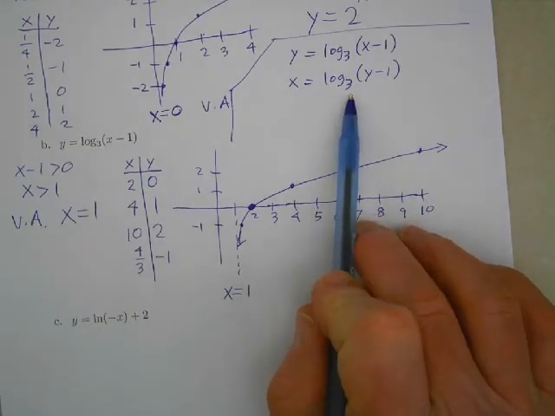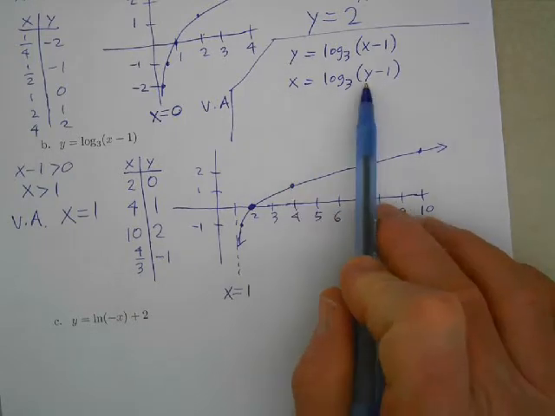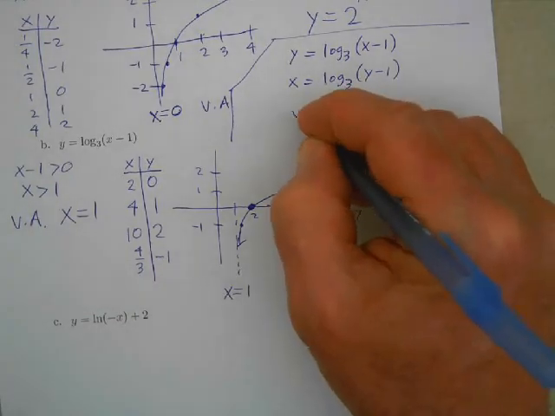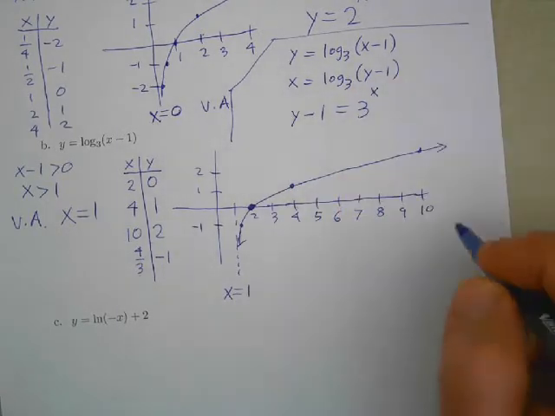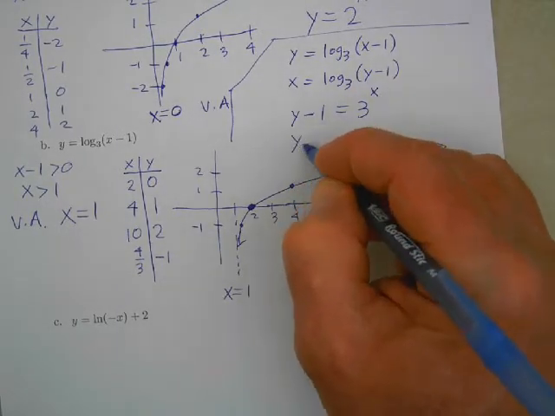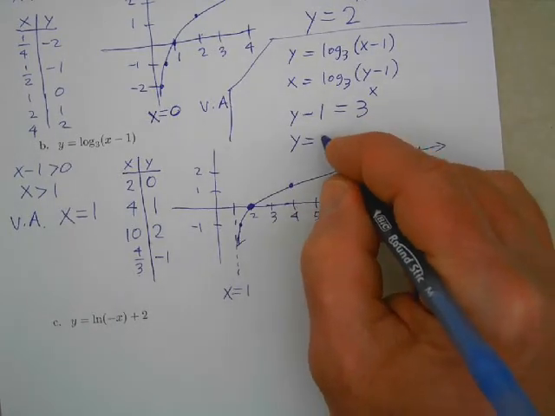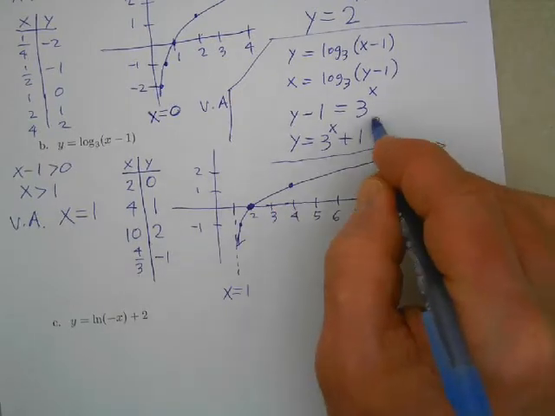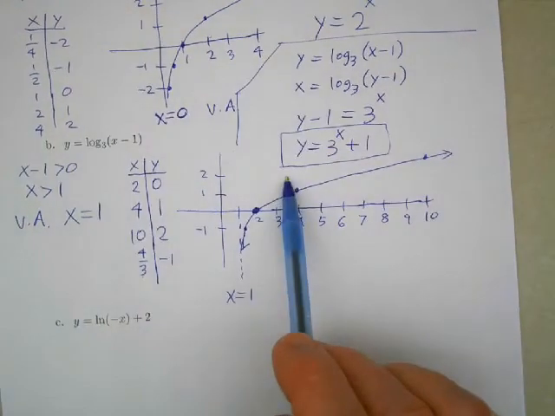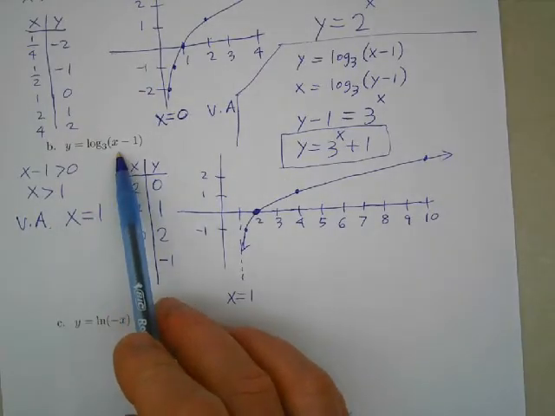The base number 3 raised to the exponent x equals y minus 1. I'll just write that as y minus 1 equals 3 to the x. And then add 1 to both sides, so y equals 3 to the x plus 1. That is the inverse of y equals log base 3 of x minus 1.